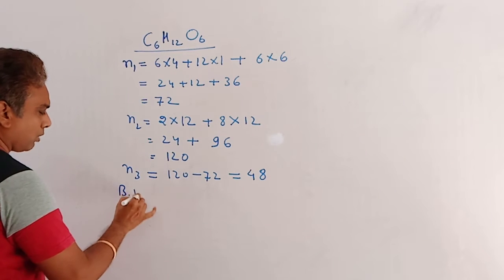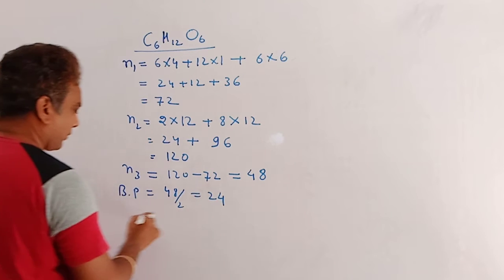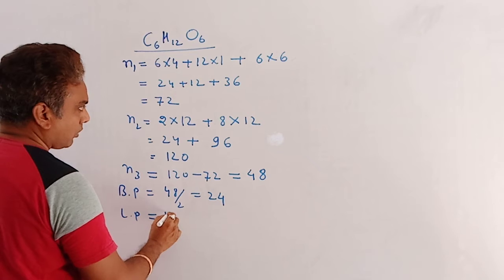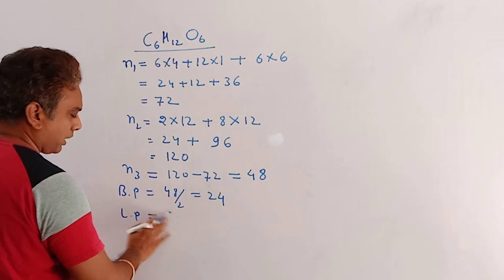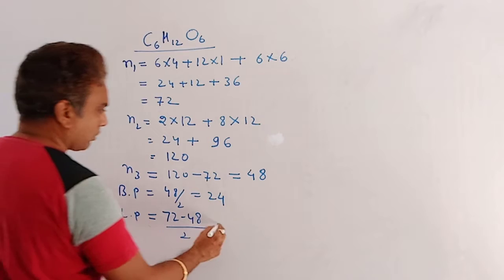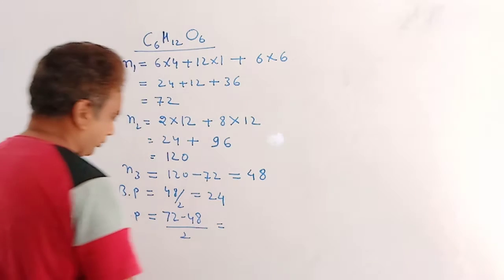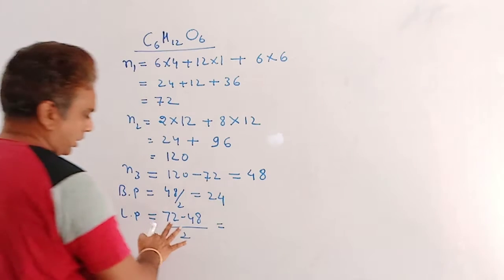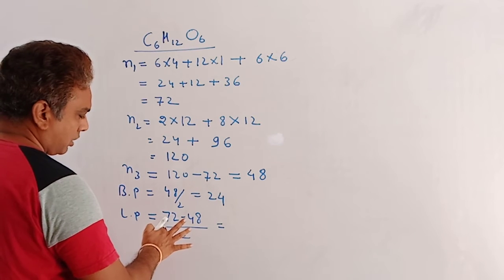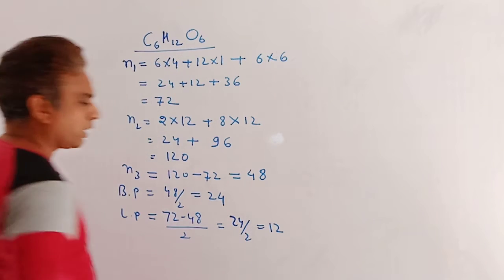So the number of bond pairs will be 48 divided by 2, 24. Number of lone pairs will be (72 minus 48) divided by 2. So it is 24 divided by 2, which is equal to 12. Clear?